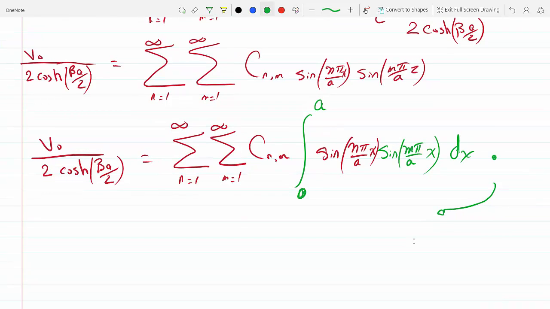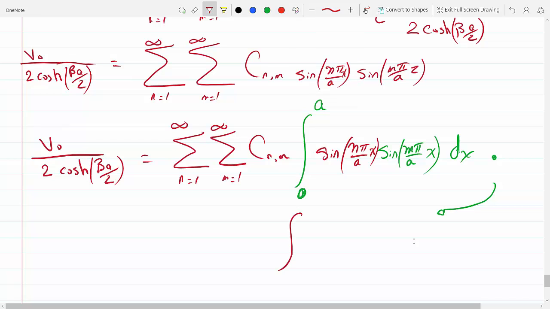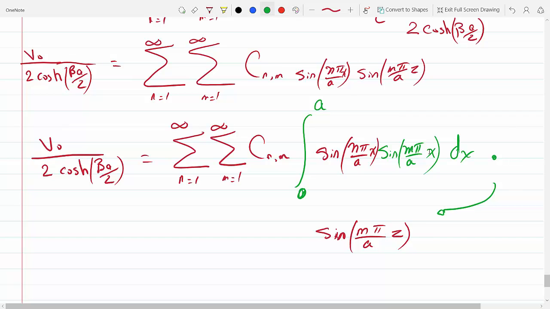So now I'm going to deal with my second term, sine m pi over a z, and I'm going to multiply this by sine n pi.